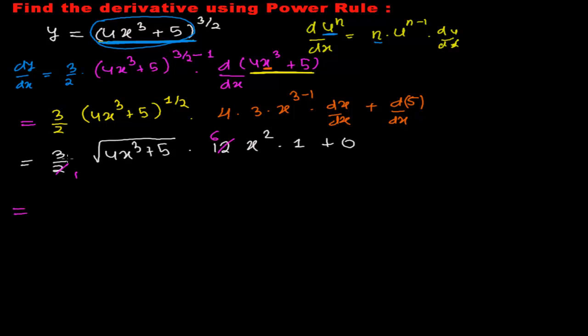So what I get is 3 times 6, that is 18, x squared over the root of 4x cubed plus 5. This is my answer. This is my derivative.